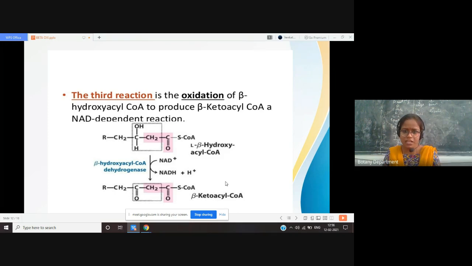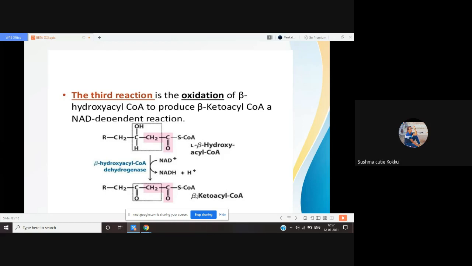The carbon attached to this functional group is known as the alpha carbon, and the carbon attached to this alpha carbon is known as the beta carbon. That's why we give the name beta, because it is attached to the alpha carbon, and the alpha carbon is attached to the functional carbon. Is it clear?